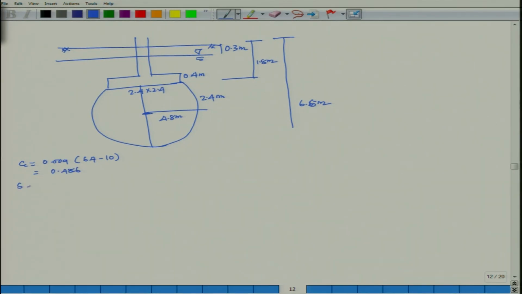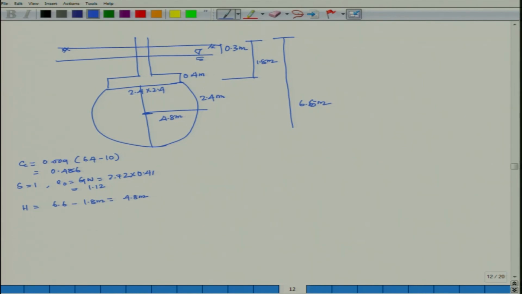Considering degree of saturation is equal to 1, E0 is equal to G W, which is 2.72 into 0.41, which is equal to 1.12. Now, H is equal to 6.6 minus 1.8 meter, which is equal to 4.8 meter.